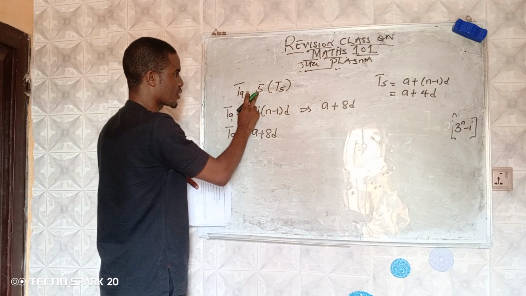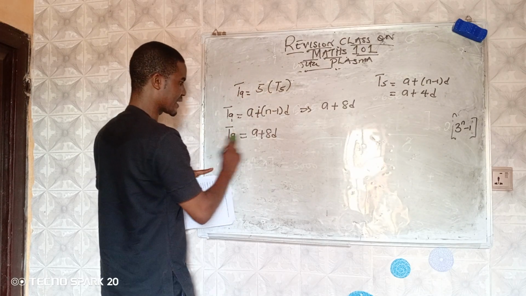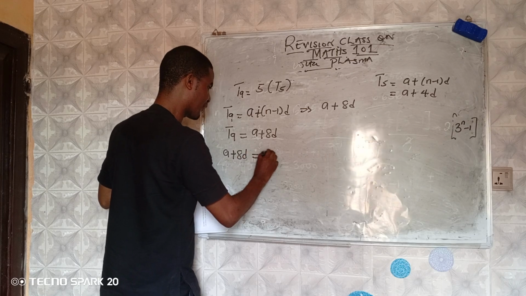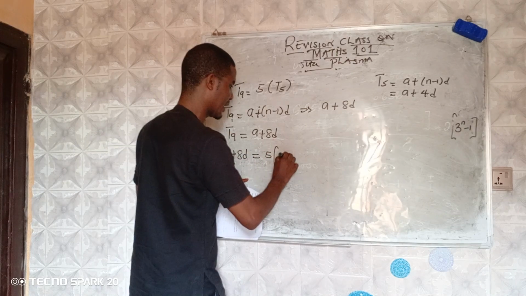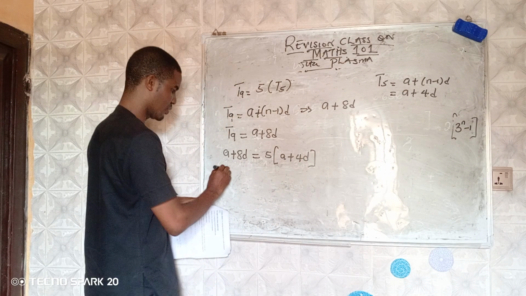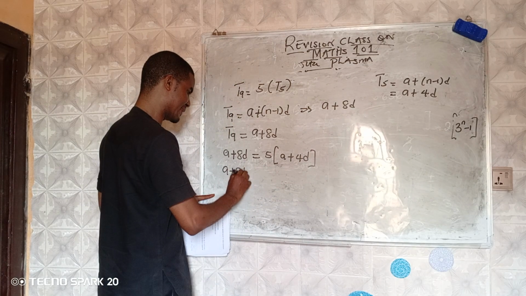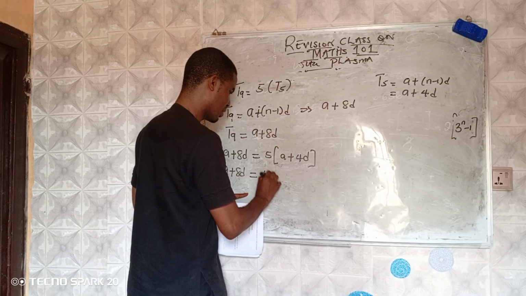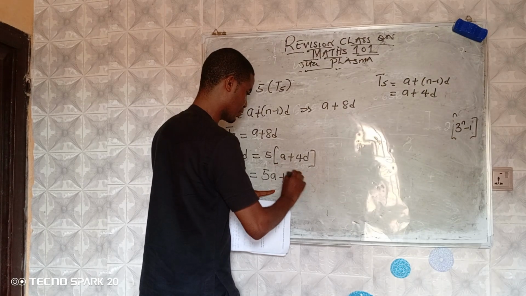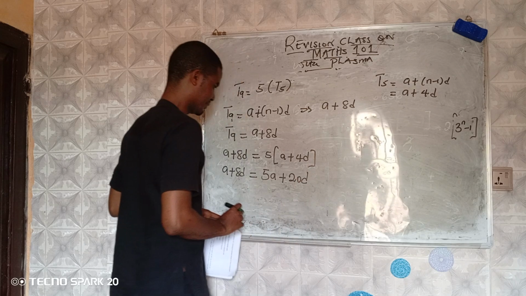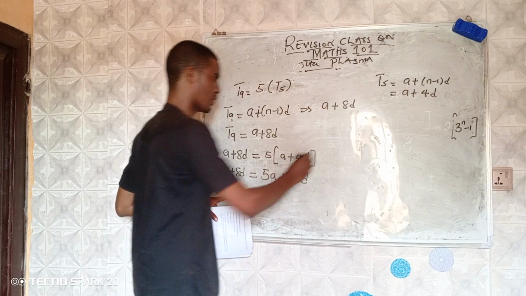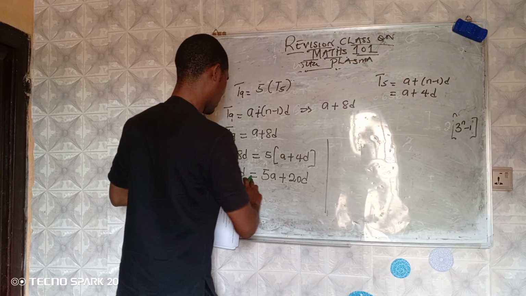So if this is equal to 5 times this, then T9, A plus 8D, is equal to 5 into A plus 4D. So I have A plus 8D is equal to 5A plus 20D. Okay, so let's collect terms.